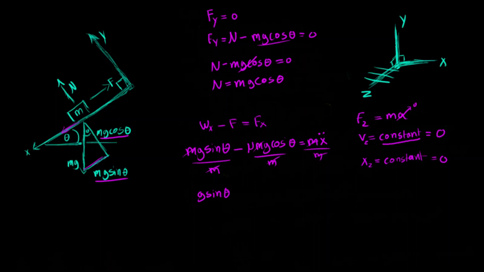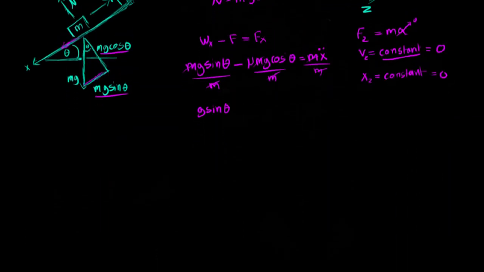So we have now g sine theta minus the coefficient of friction times gravity, or g, little g, acceleration due to gravity, times cosine theta is equal to the acceleration in the x dimension.